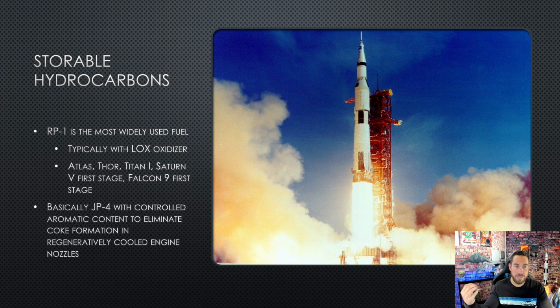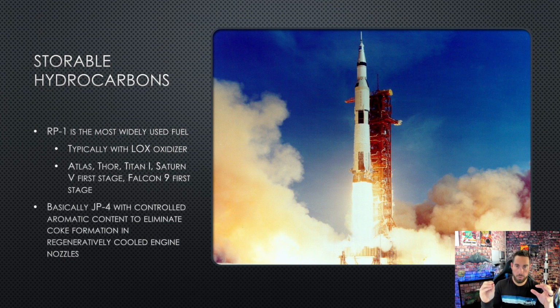It helps eliminate coking formation. Coke formation is that carbonaceous gunk that can clog passages and make things a lot less efficient. It also screws with regenerative cooling. If you watch the How Do Rocket Engines Work video, I mention that in order to keep the motor from burning itself up, a lot of them run fuel through the exhaust nozzles, and that helps to cool it, so it's regenerative cooling.